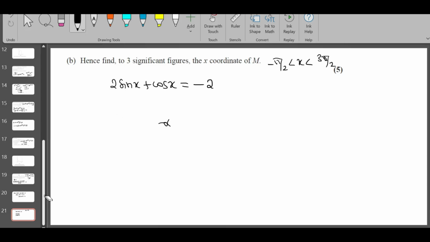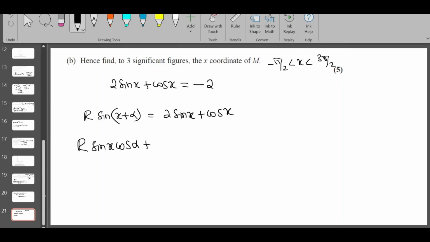So I'm going to take the first one. I'm going to equate r sine of x plus alpha to 2 sine x plus cos x, and find r and alpha first. So when you expand it, sine of a plus b is sine a cos b plus cos a sine b, multiplied throughout by r, equals 2 sine x plus cos x.